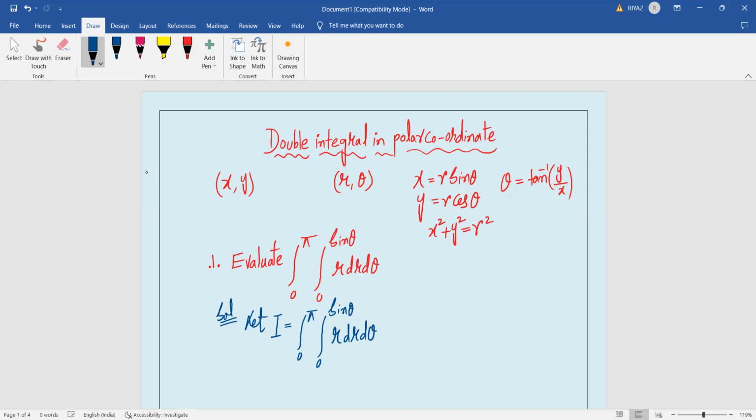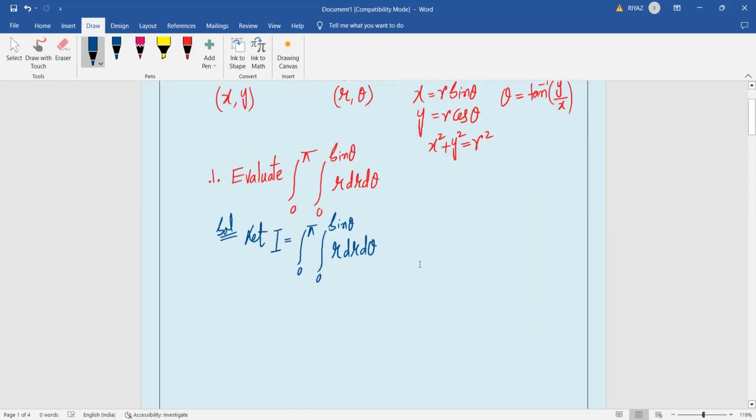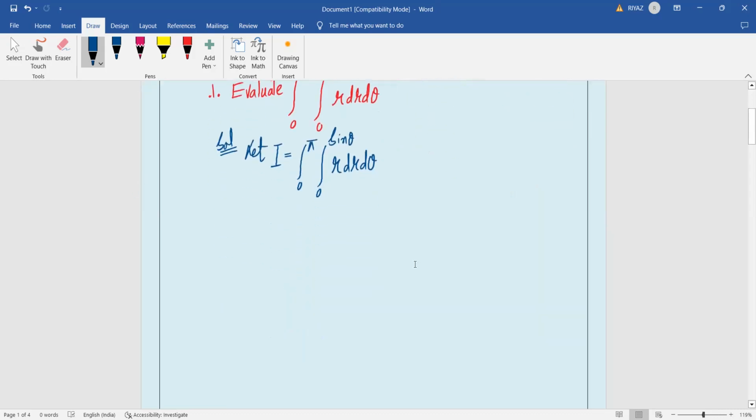While integrating double integral and triple integral problems, if there is a complicated one, we integrate with respect to that variable. But here, every time we have to integrate this double integral with respect to r only, always with respect to r, and later with respect to theta.